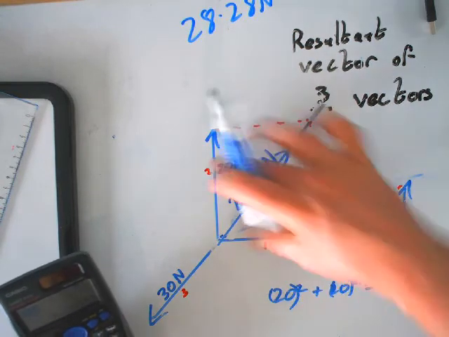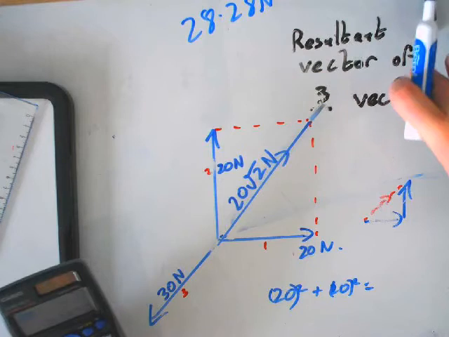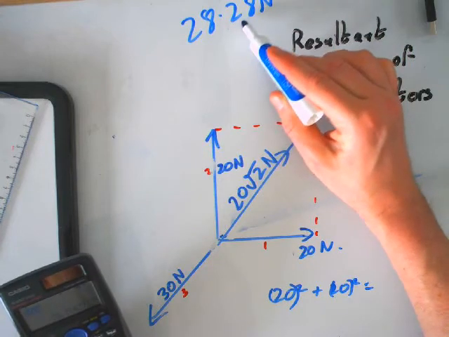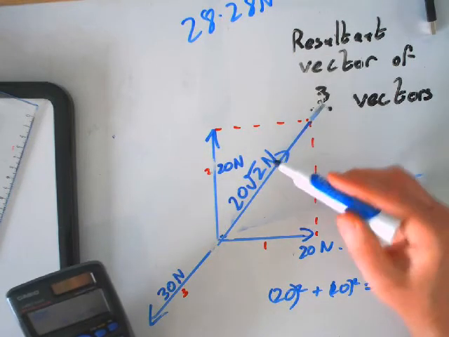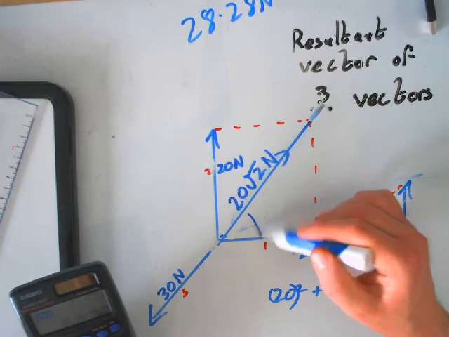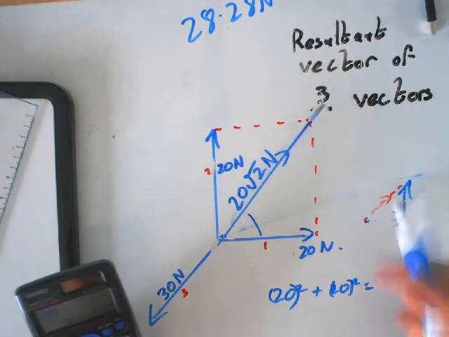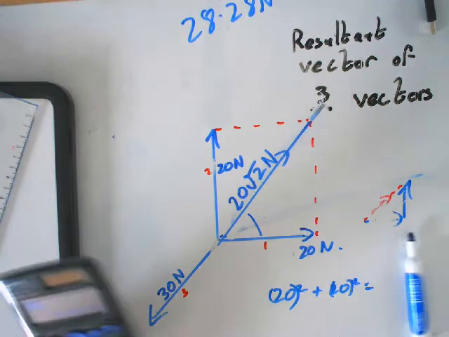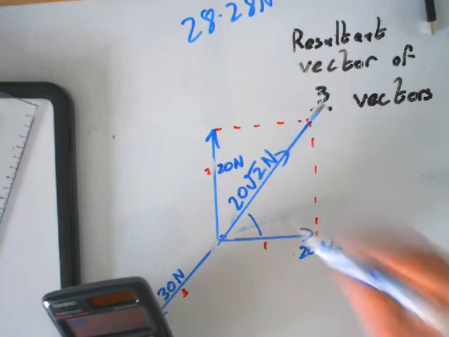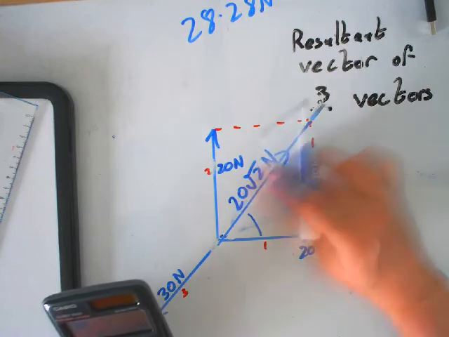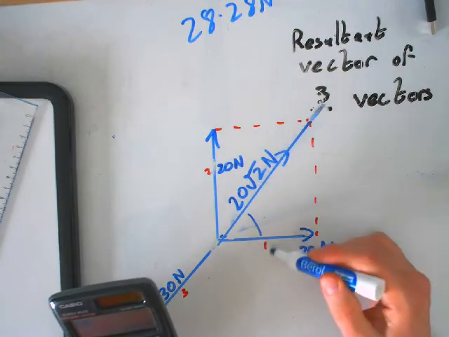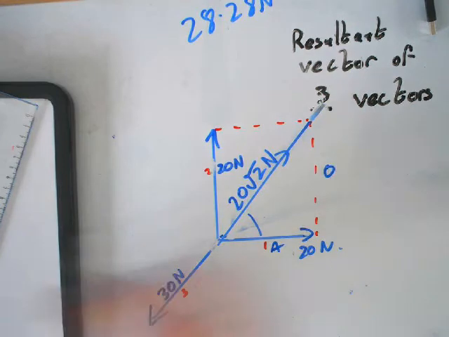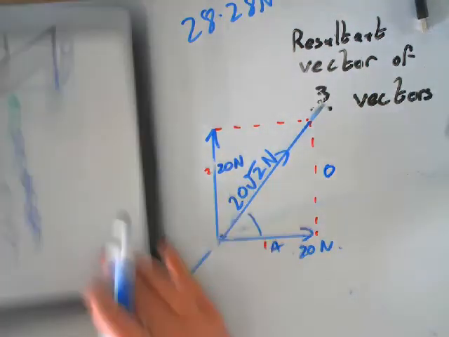So what we just found out is that the resultant force of these two is going to be in this direction with 28.28 newtons. Now, many of you have probably already figured out that this is going to be 45 degrees because these are both equal. But let's not presume that. Let's use our trigonometric ratios to make sure. Let's go back to what we know. We'll ignore the one we found for a moment. We know the adjacent. We know the opposite.